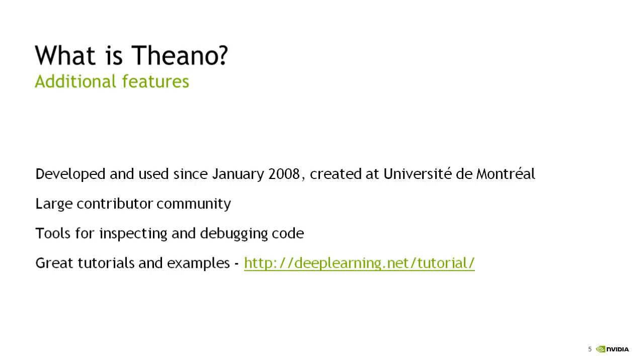And a resource that I use a great deal, not only when I'm using Theano, but for understanding deep learning algorithms more generally, are the tutorials and examples provided by the deep learning developers at the URLs shown on this chart.